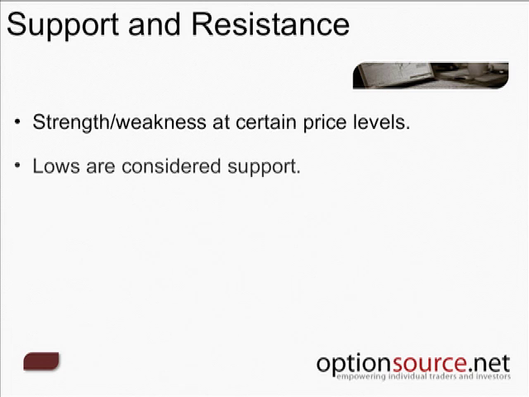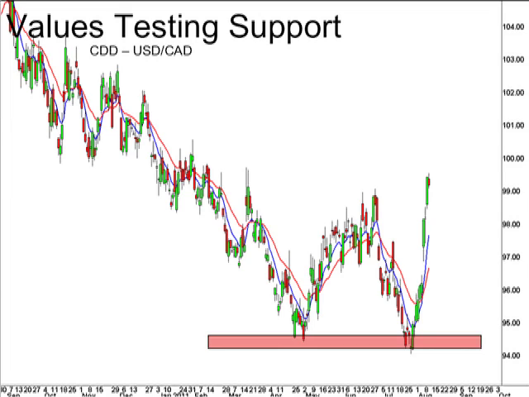But the other consideration we want to make is understanding support and resistance. Support and resistance is very simply the identification of strength and weakness at certain price levels. The lows are considered support, highs are considered resistance.